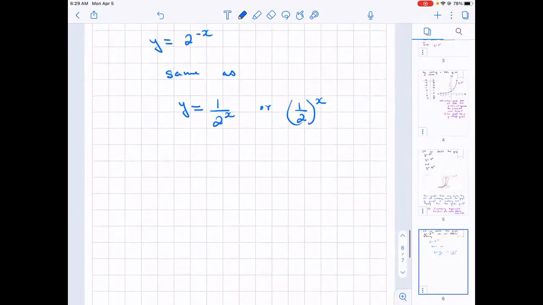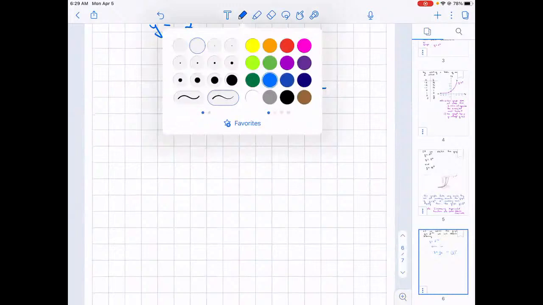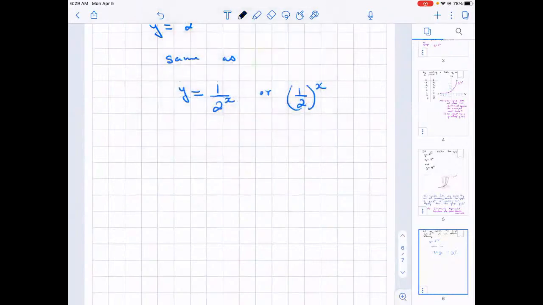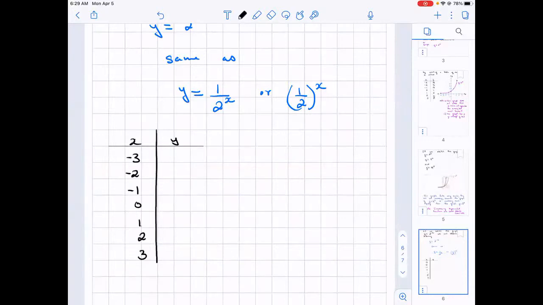By creating a table of values, as we did before, with x and y, and x values -3, -2, -1, 0, 1, 2, and 3.